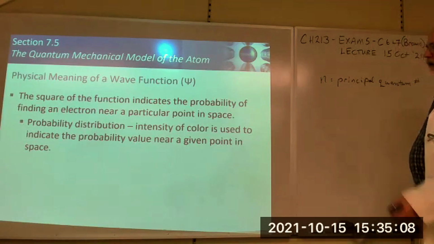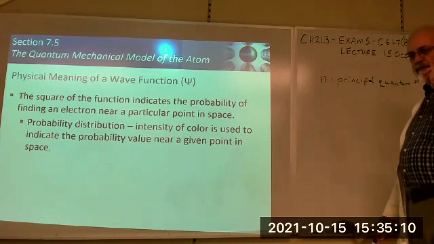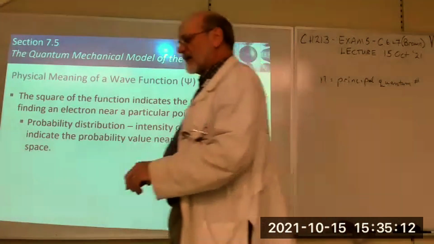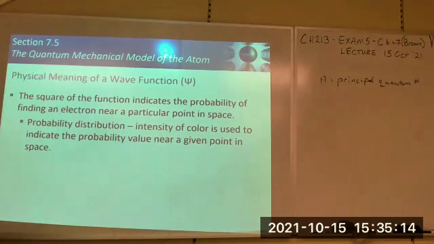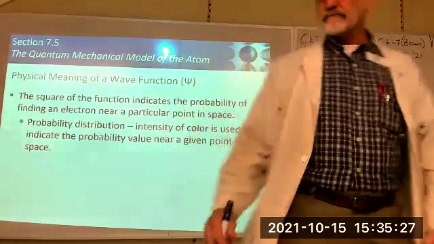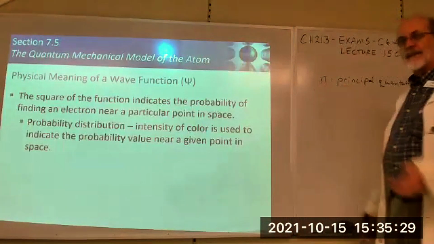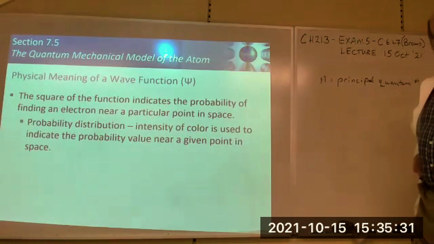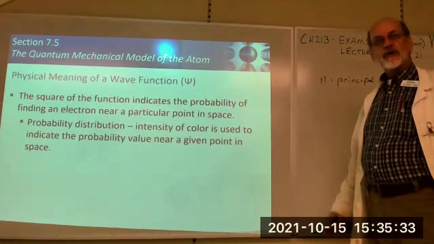Okay. So that brings us to the topic of, if the electron is not orbiting the nucleus, like a planet, and Heisenberg says we can't figure out where it is, what do we do with it? Well, when all else fails, turn to statistics.